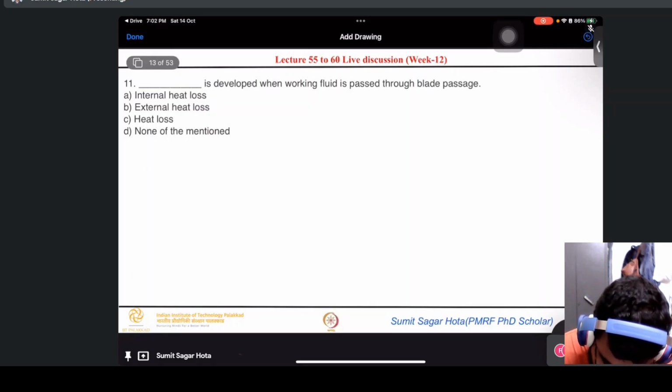Dash is developed when the working fluid is passed through the blade passage.